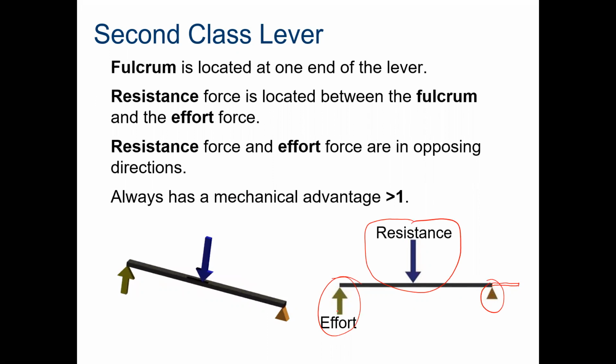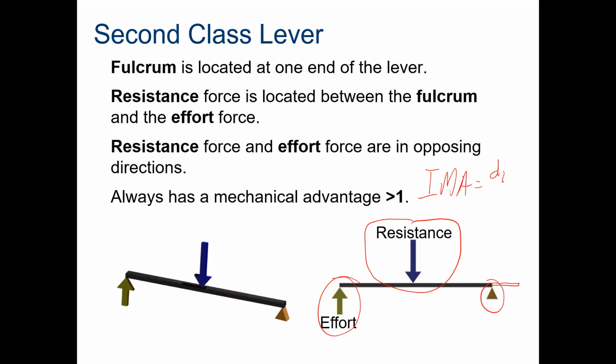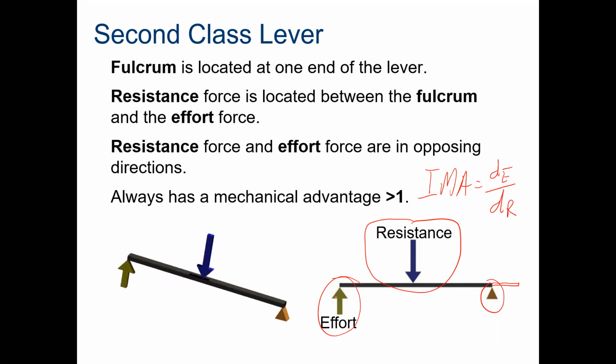So you have the effort force outside, then the resistance force, then the fulcrum. So with a second class lever, because of how the math works with your distances, if we remember, IMA is equal to dE over dr. Well, dE must always be bigger than dr because it's outside of that. So in this case, our mechanical advantage is always greater than 1.